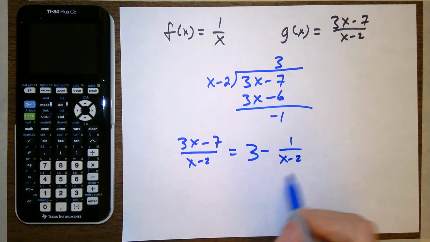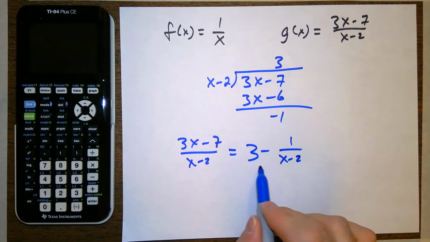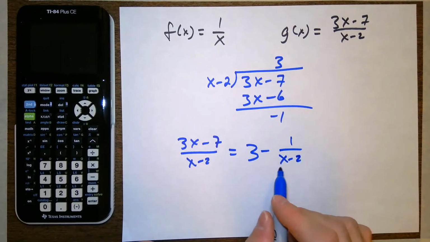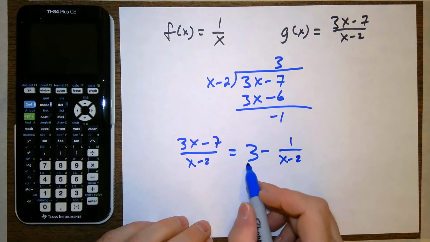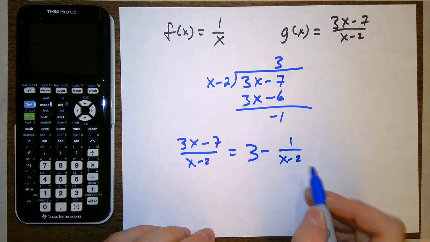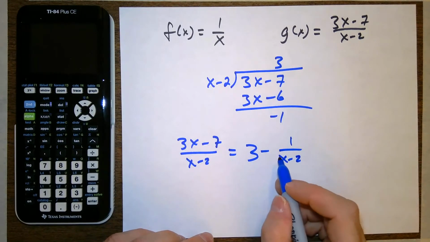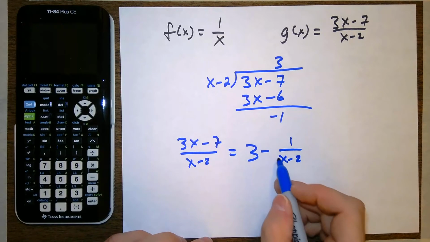Now as I take a look at this, what transformations have taken place here? What's this 3 really doing? It means it's been moved up 3. What's this 2 doing? It means right 2. And then the negative is a reflection. The reflection must be done before any vertical translations.